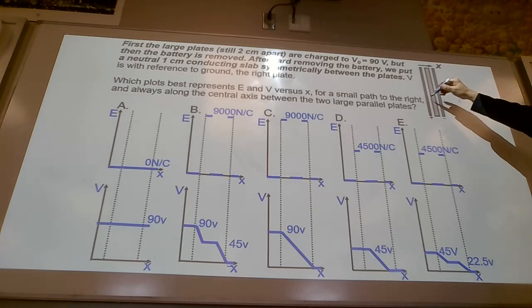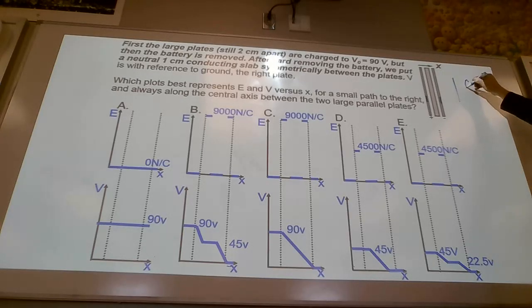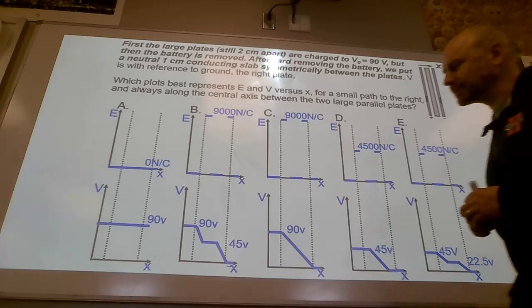In between these two charged plates, the capacitance, ooh, I don't know if I want to say that.